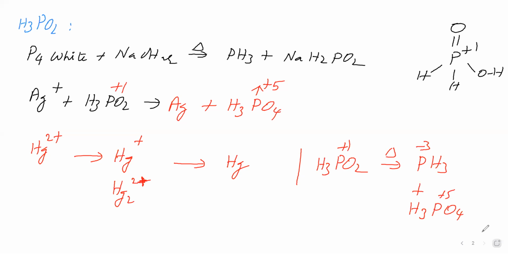Next acid we will take is phosphorus acid, H3PO3. Its preparation we will see. PCl3 undergoes hydrolysis to give H3PO3. P2O3, phosphorus trioxide, undergoes hydrolysis to give H3PO3.